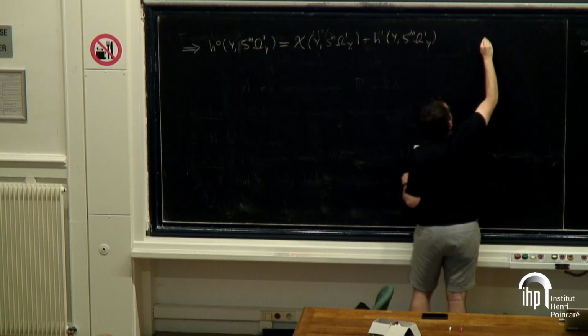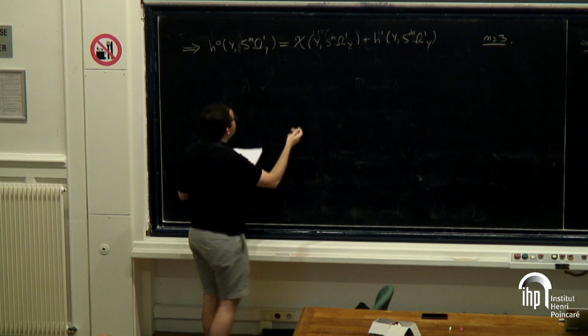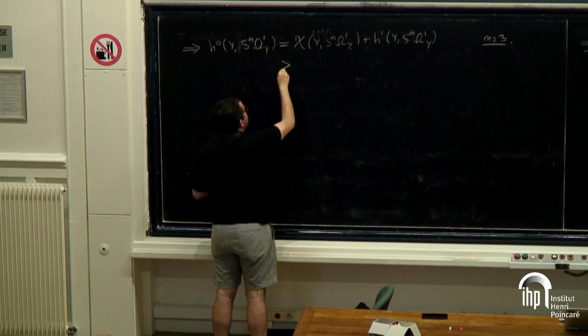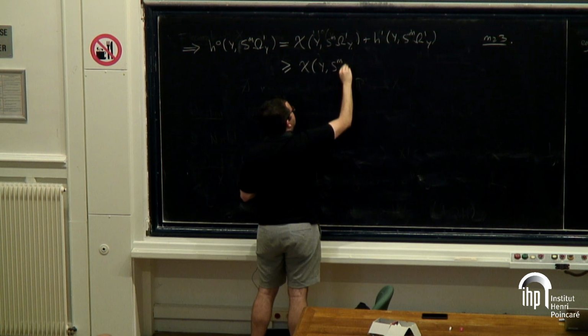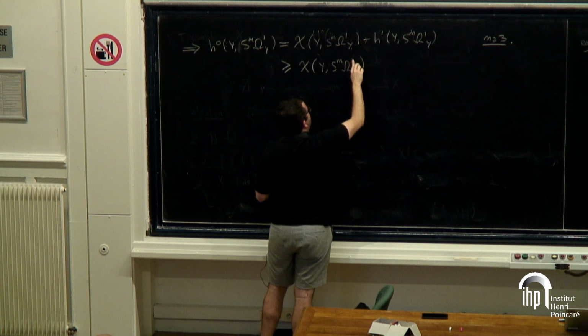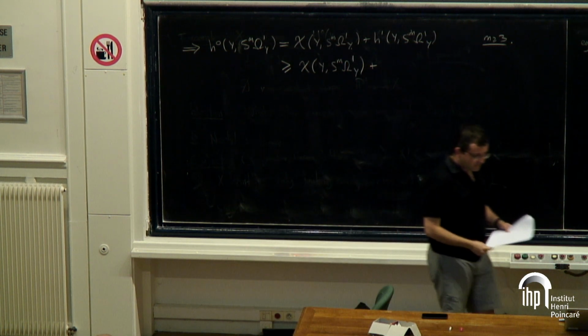And of course, here I'm assuming the condition so that the H2 vanishes. And then we're going to say that this is greater or equal to the Euler characteristic of Y plus. Okay, so here's the catch.